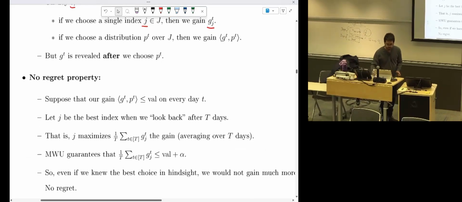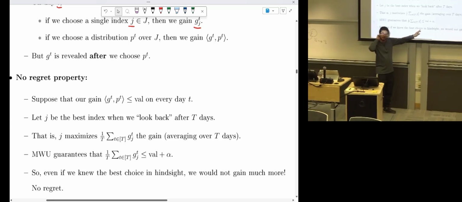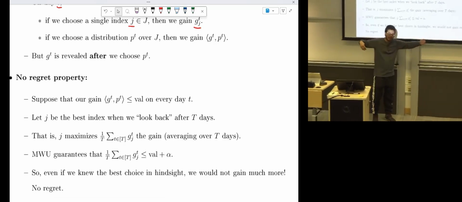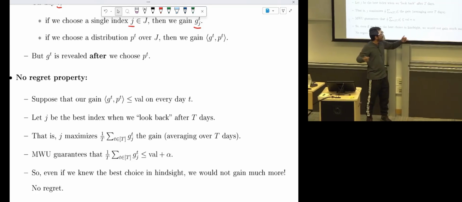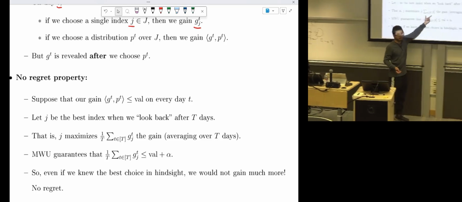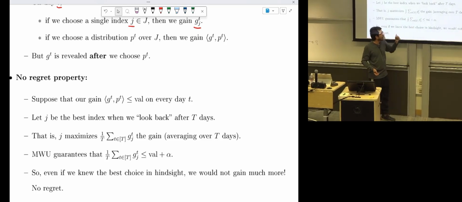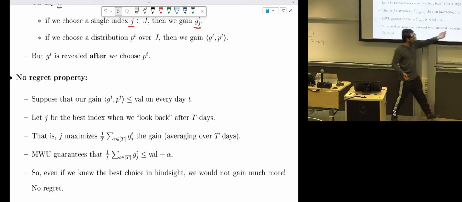So what does it mean? It means that even if we knew the best choice after all the days that we have, maybe some J that maximizes the total gain, we wouldn't gain too much more.